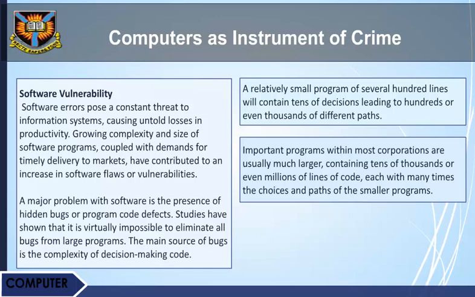Studies have shown that it is virtually impossible to eliminate all bugs from large programs. The main source of bugs is the complexity of decision-making code. A relatively small program of several hundred lines will contain tens of decisions, leading to hundreds or even thousands of different paths.